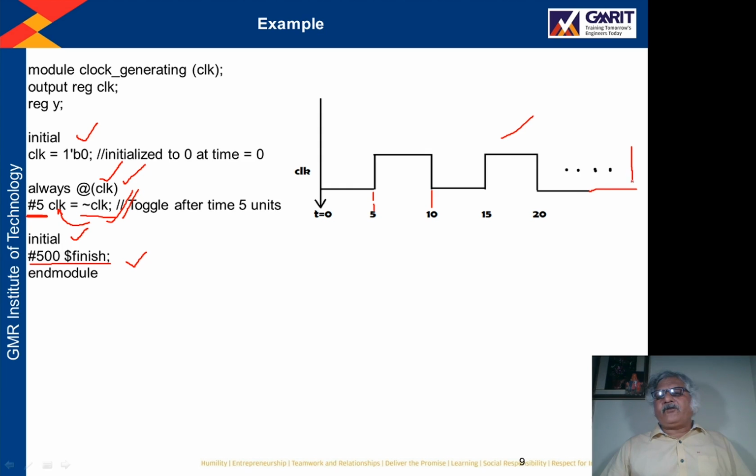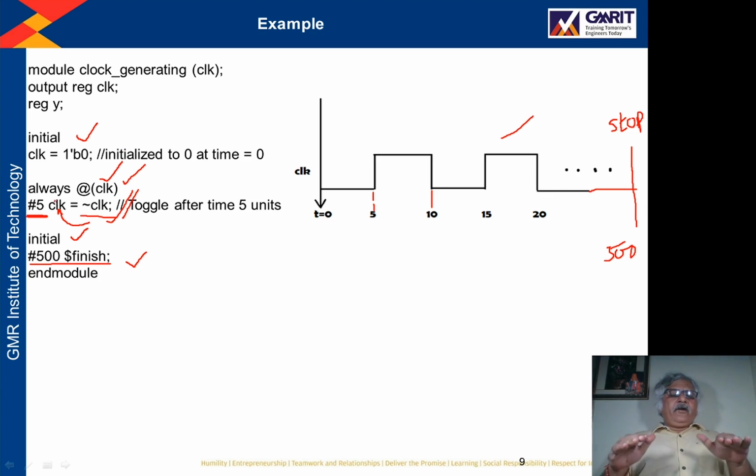When the time reaches 500 unit time, at this time the simulation will stop. So here we have two initial blocks and one always block.